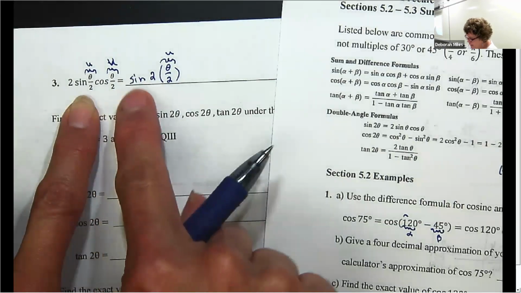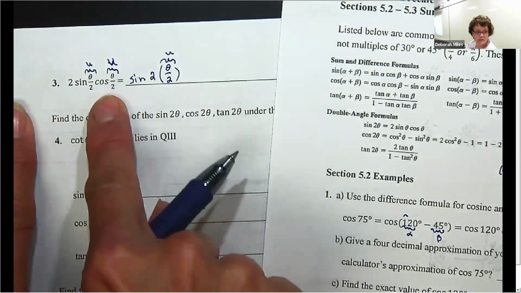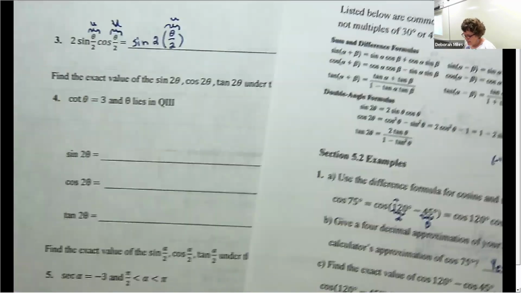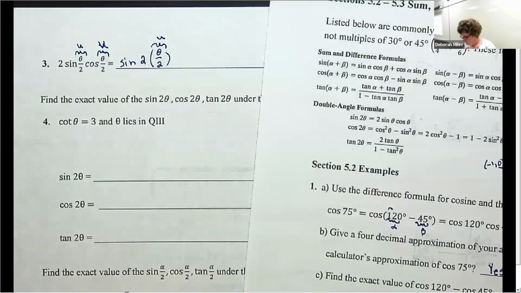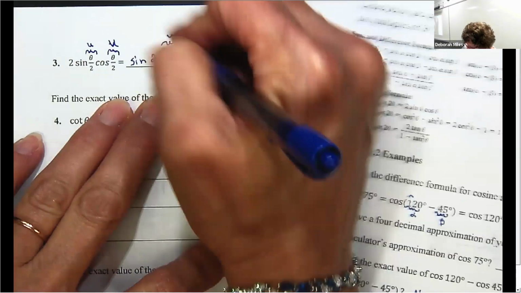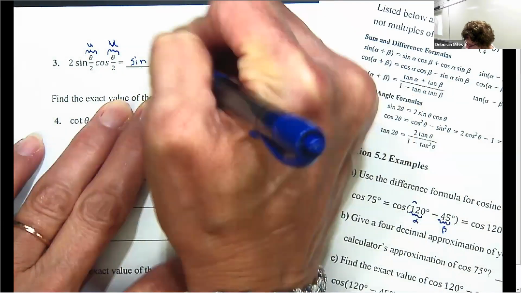The sine of 2 ugly is 2 sine ugly cosine ugly. So we need to flip that back over and see what sine of, actually, I can simplify that. That's just sine of theta because the 2's cancel.